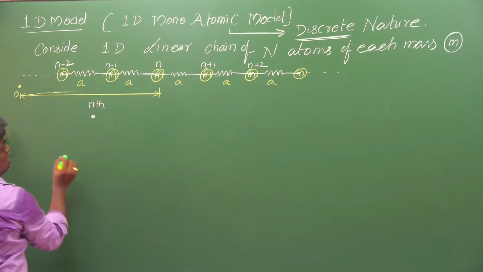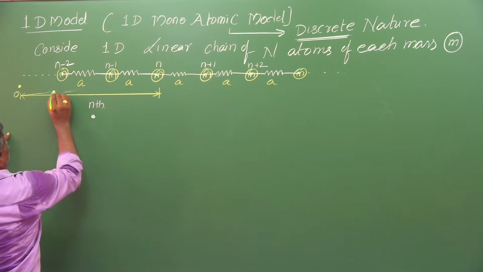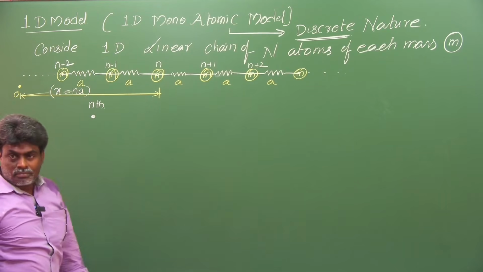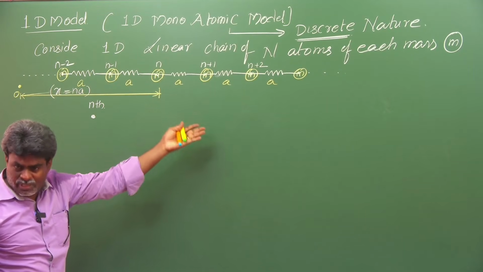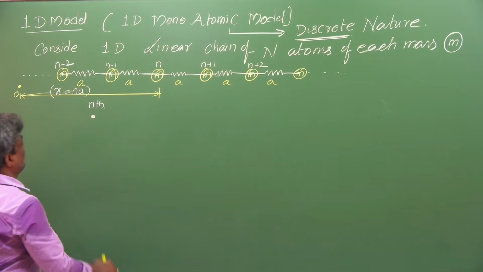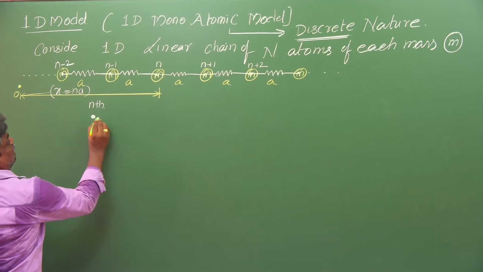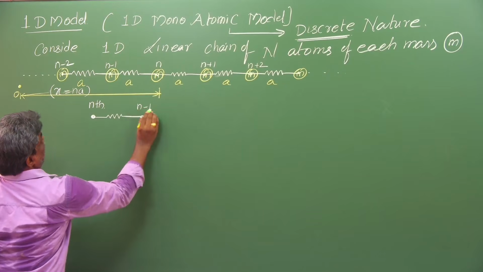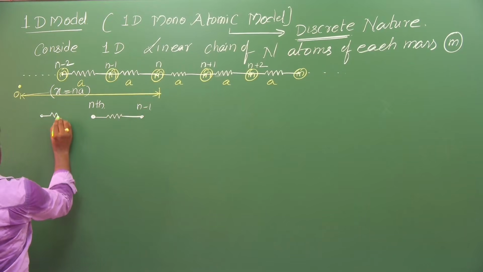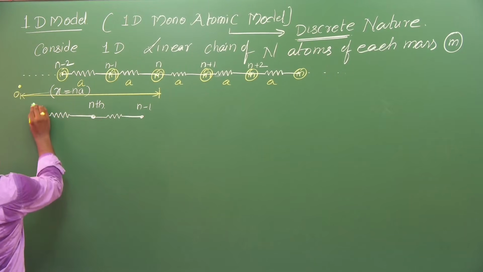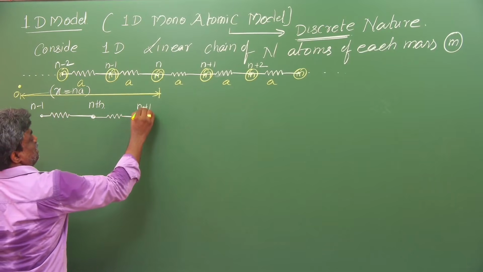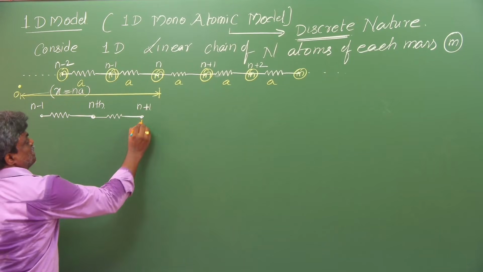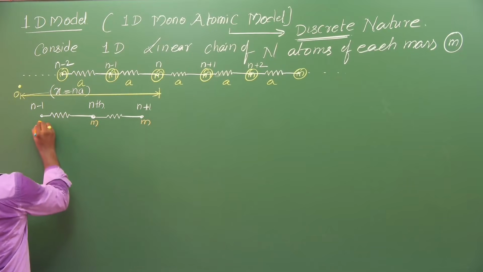All are at a spacing, so the nth atom position x equals na. All these sentences will be in the textbook. I have taken the nth atom, which is coupled to n minus 1, which is coupled to this n minus 1, and here it is n plus 1. So this is m, and here also m, and here also m.